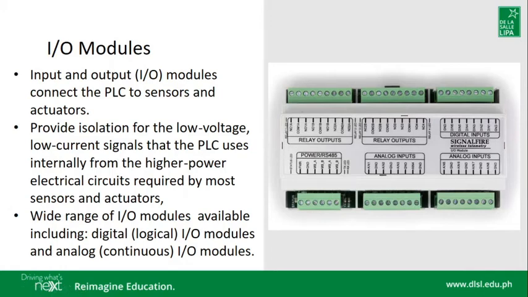The input-output modules connect the PLC to different inputs such as sensors, push buttons, and switches, and outputs such as actuators like motors, solenoids, lamps, etc. It provides isolation for the low voltage, low current signals that the PLC provides internally from the higher power electric circuit that is required by most sensors and actuators.